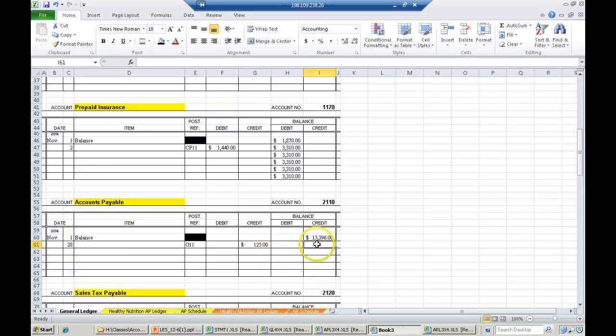So we already owed them $15,396. Now we owe them more, plus our credit, minus any debits. Again, it's a liability, so it carries a normal credit balance. So we're going to subtract debits of what we owe them, but anything that's credited adds on to what we owe them.